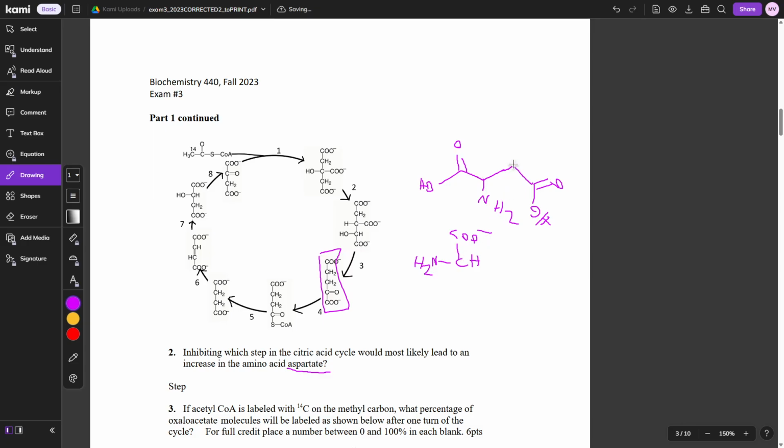And then we have 1 carbon, CH2, and 2 carbons, which is where our COO minus is. Which structure in here looks similar to this?